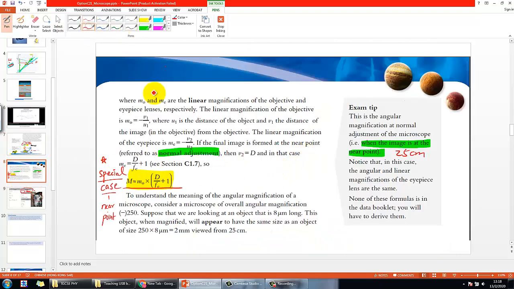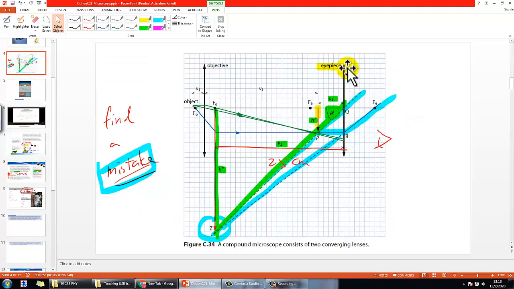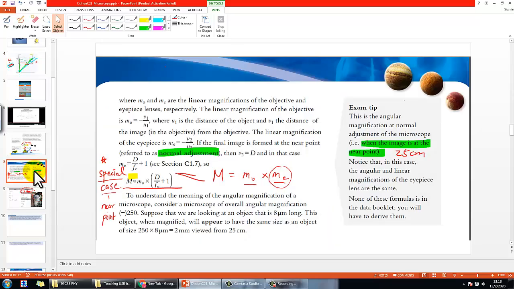Okay, and so the equation before evolving to this form, you may want to say that the angular magnification equals MO times ME, both linear, this one. Okay, and this ME, because it's the eyepiece, the one that you are looking at, then you can refer to our previous video, which we talked about for a single lens.